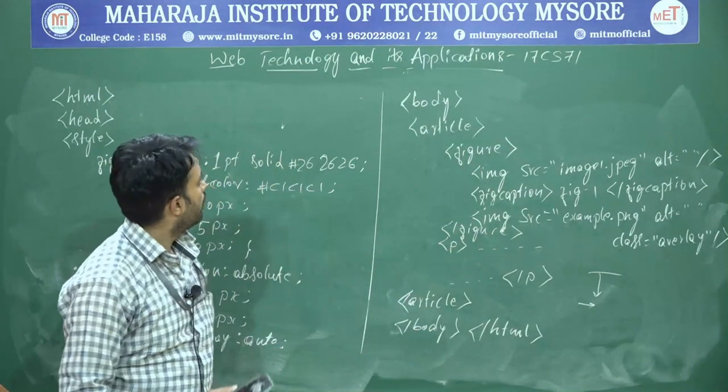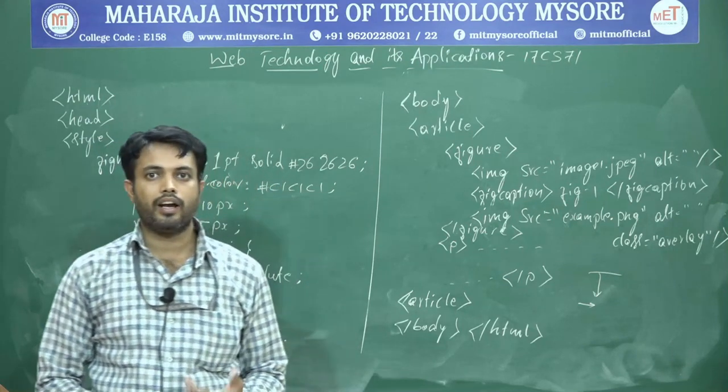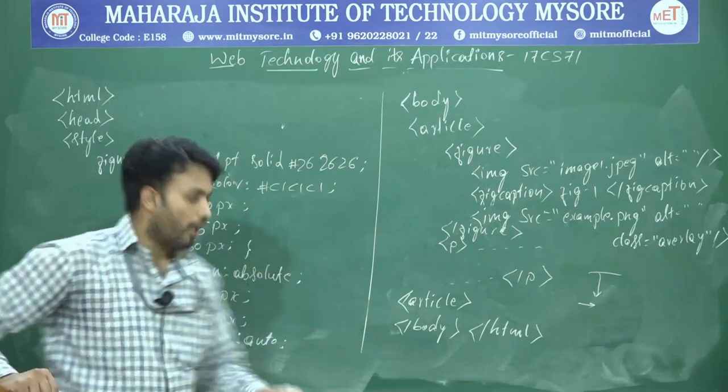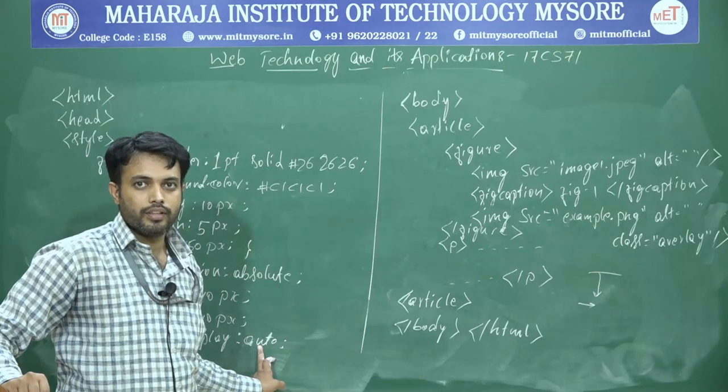Likewise, as I already mentioned, overlaying and hiding. For hiding, this is one way: display equal to none, display colon none.